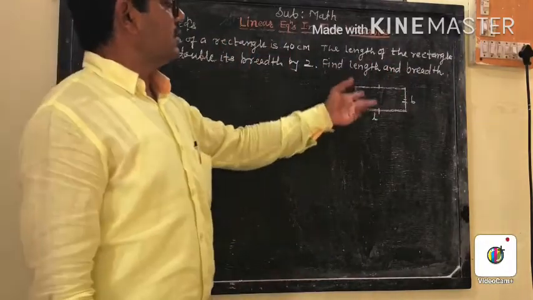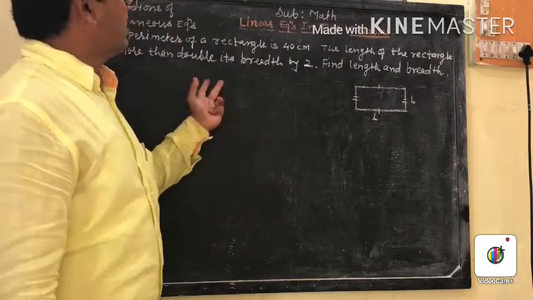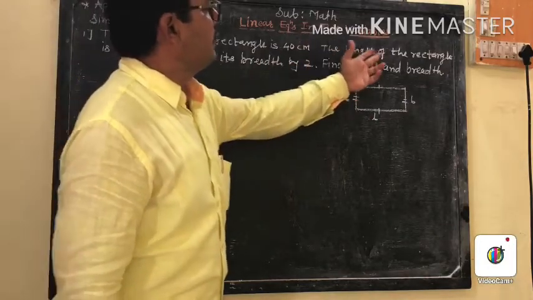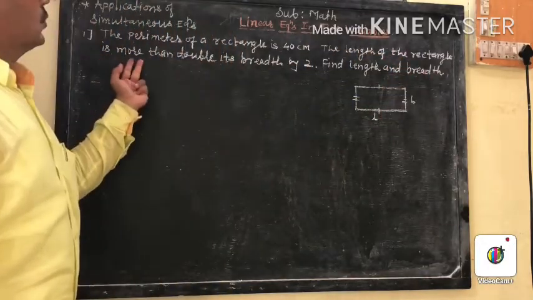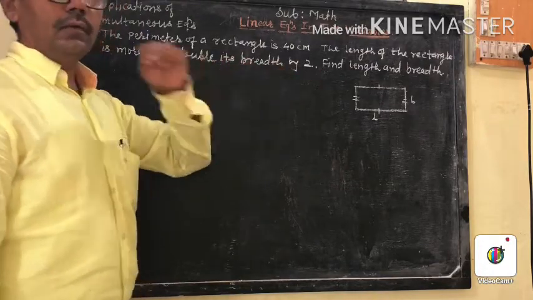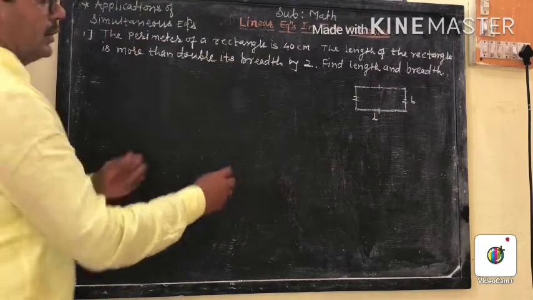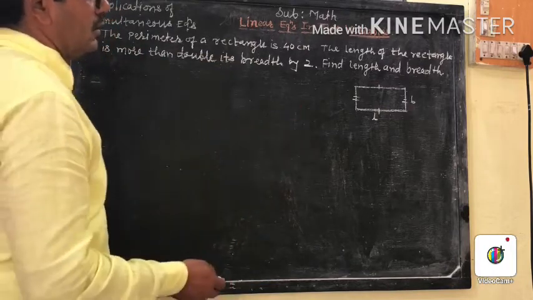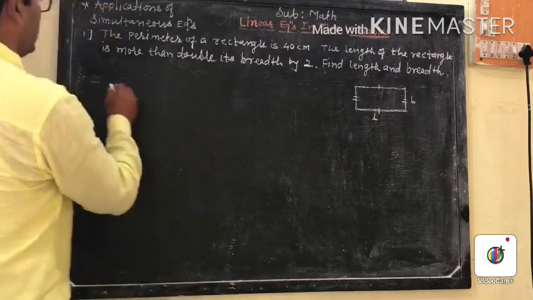From this condition we form one equation, and another condition is that the length of the rectangle is more than double its breadth by 2. Here we first consider the length and the breadth of the rectangle.